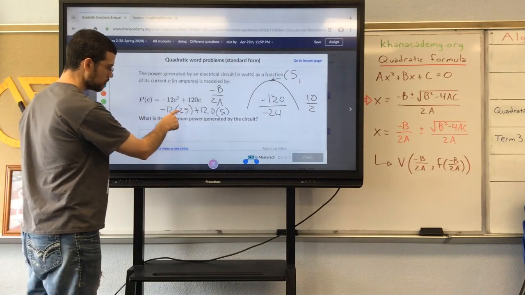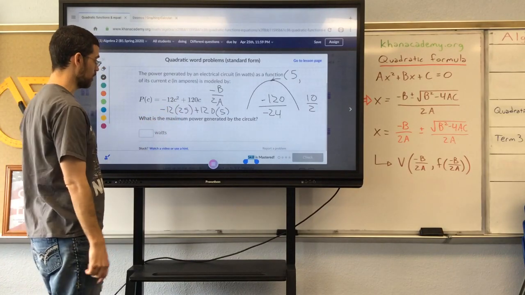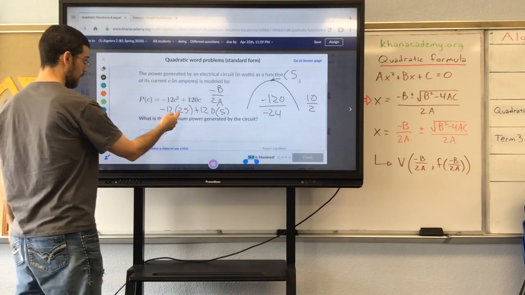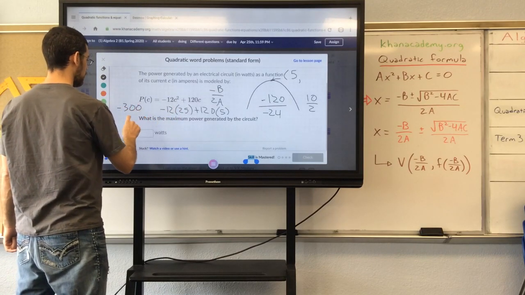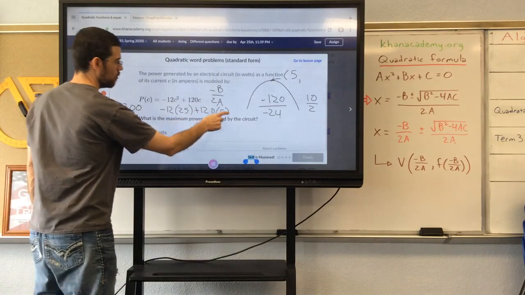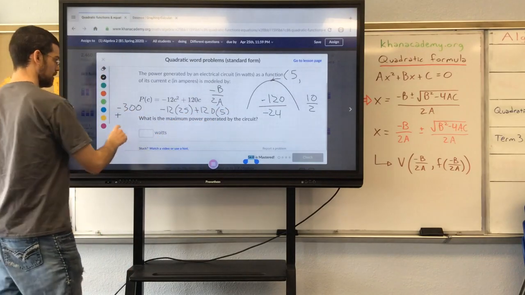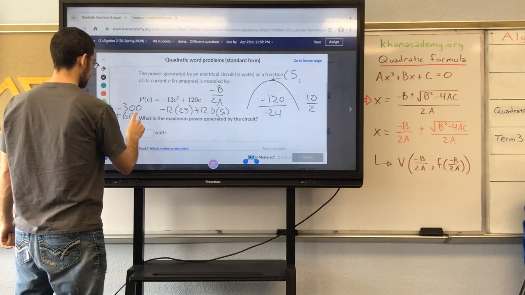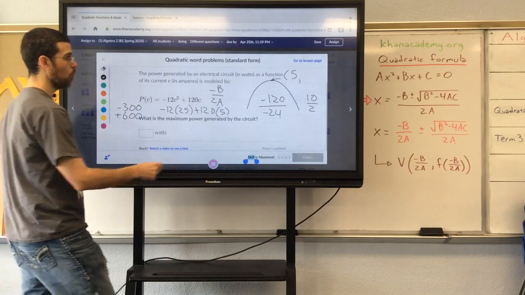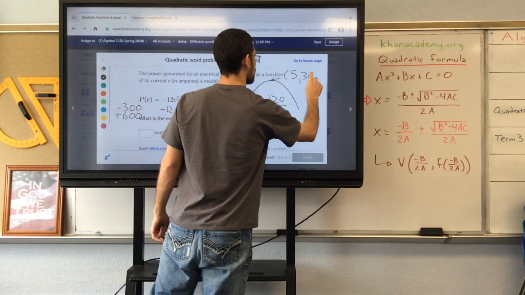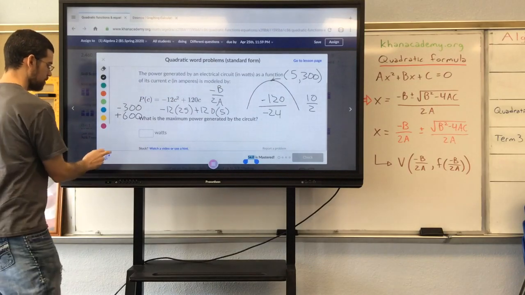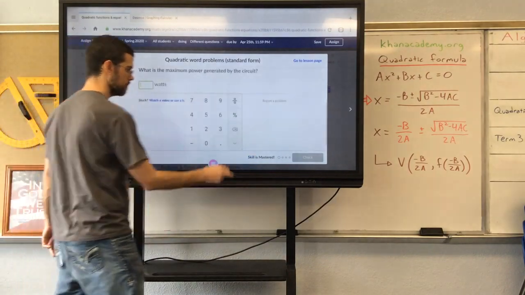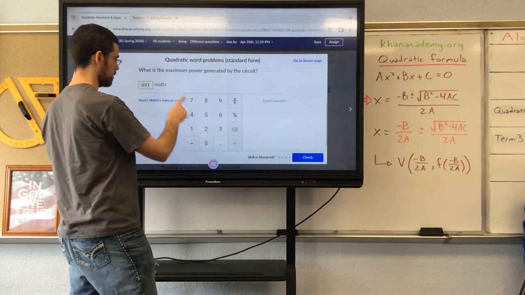So there are 4 25s in every 100, so we have negative 300 plus 5 times 120 is 600. So the maximum watts are 300. That's what we'll put in to answer this question. 300 watts.